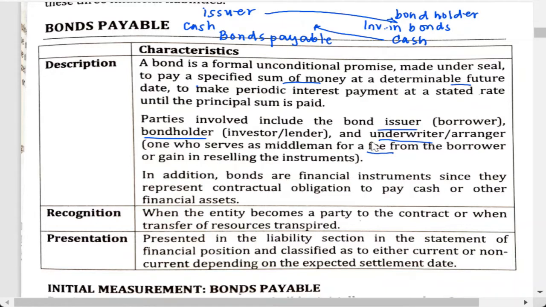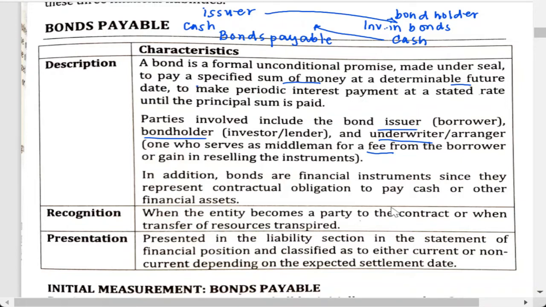Pwede man sad siya nga siya ang mupalit sa mga bonds, mahimong bondholder ani temporarily pero iya rasad ibaligya to interested nga bondholders. So bonds are financial instruments since they represent contractual obligation to pay cash or other financial assets.